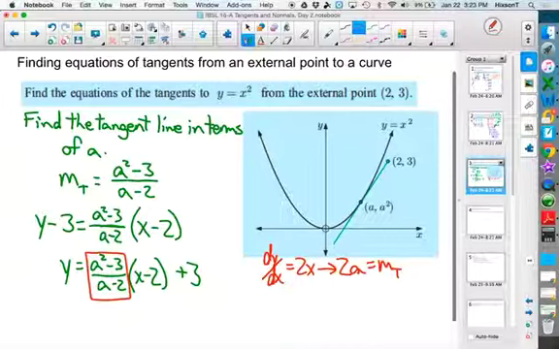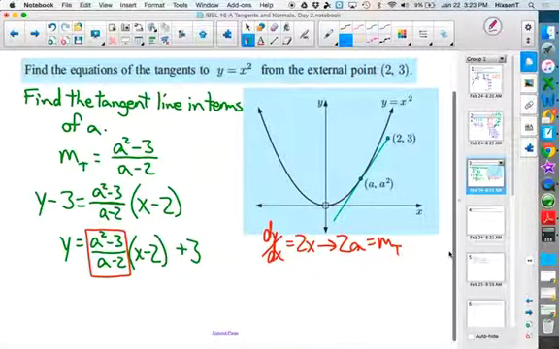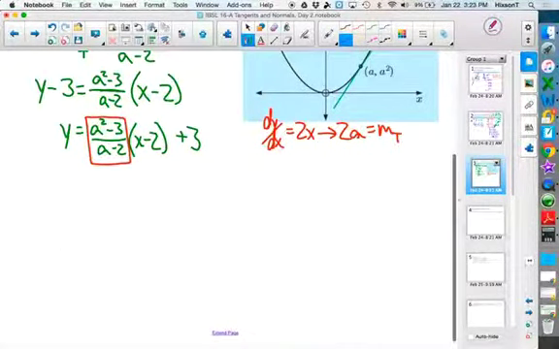Notice here what we did, we have multiple unknowns. So what we were able to do is we expressed the slope of our tangent line in two different ways. One by using the derivative, one by using our slope formula. Is that a limit? What's the arrow for?